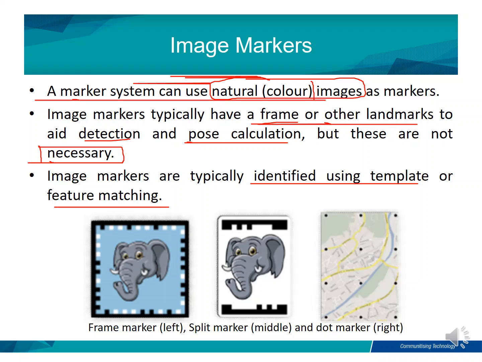And then the third marker is called a dot marker, because it uses all the dots here for the detection, or for the pose calculation based on this dot marker.